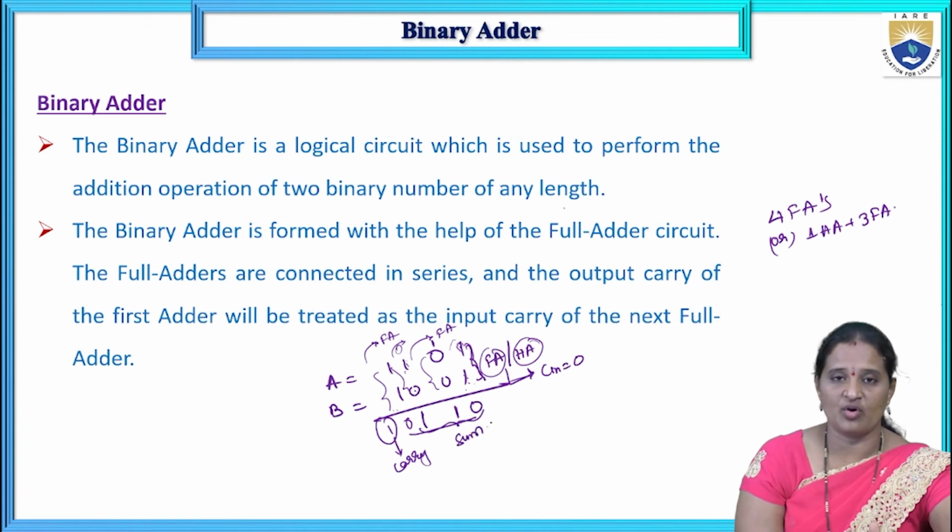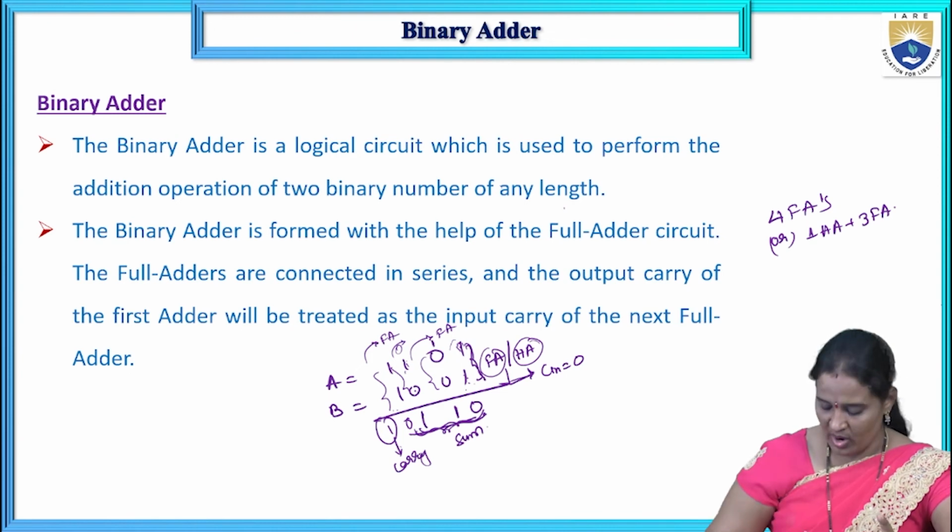Whenever you are performing the addition, the carry output is a single bit, whereas the sum has a number of bits equal to the number of bits of each number. As we have 4-bit binary numbers here, the sum is also 4-bit, and we have only a carry output of 1 bit.